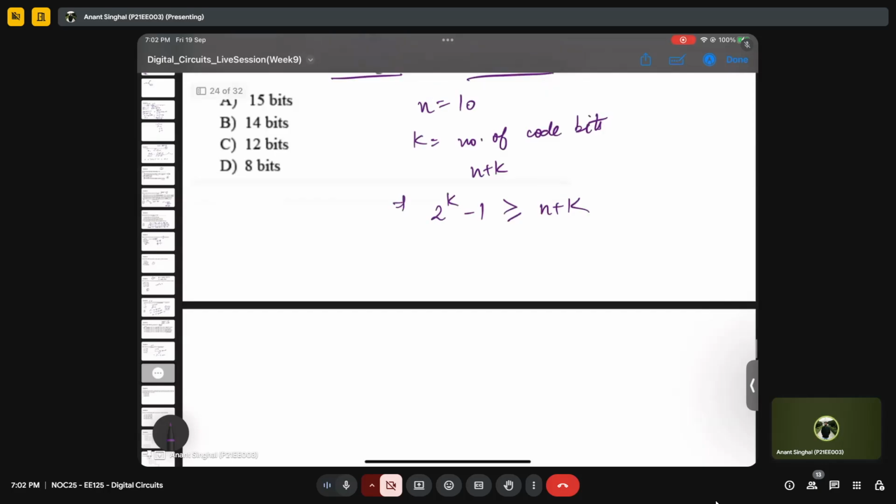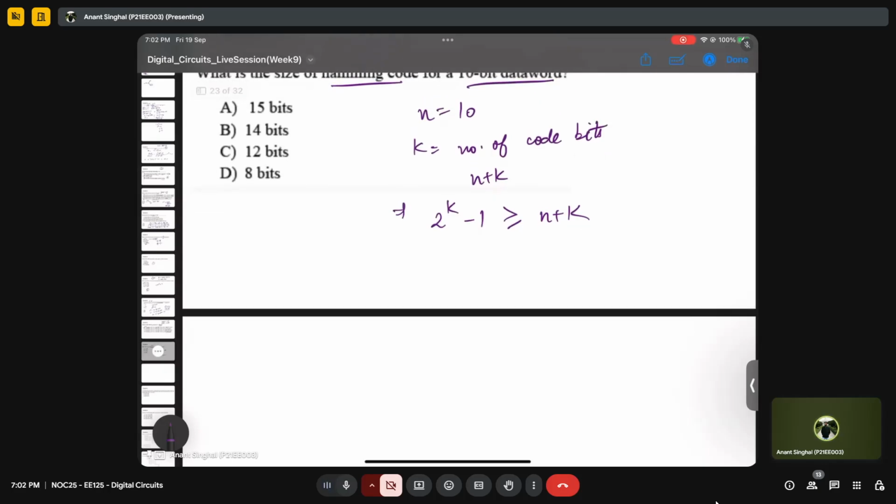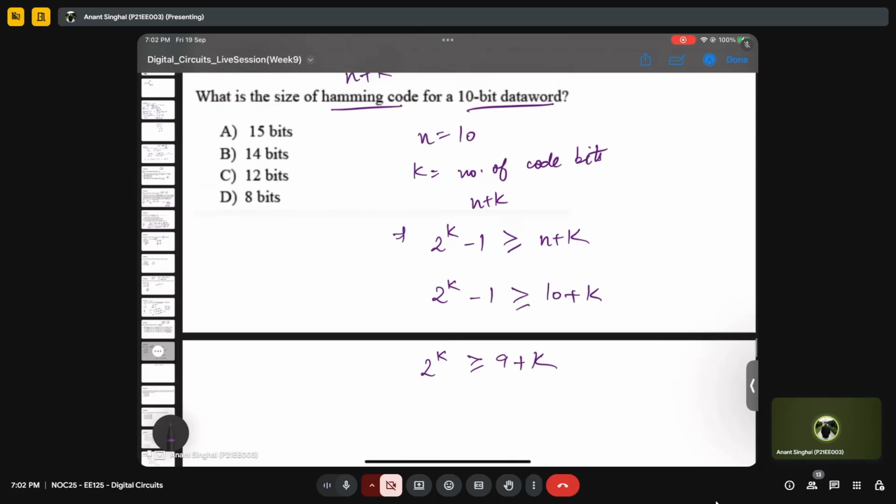We already know the value of n is 10. So 2 raised to k minus 1 should be greater than or equal to 10 plus k. So this gives 2 raised to k greater than 9 plus k. We need to find k first, and then the total size of the Hamming code will be n plus k. Can anyone tell me what k will be?